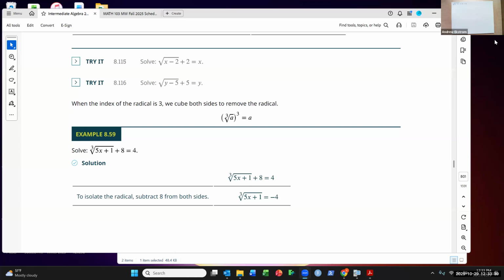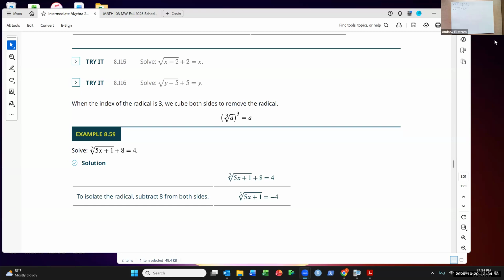So we're going to do the square root of the quantity x minus 5, plus 5 equals x. Again, we want to figure out what are the values of x here. With something like this, whenever you have a radical on one side, in general, you want to try to isolate that to make it as easy to deal with as possible.